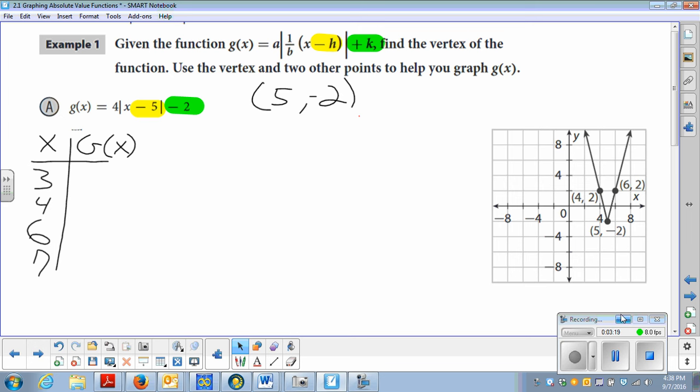Okay, so I'm going to take each x value and plug it into this equation here and get out a g of x. So when I'm plugging in my 3, I'm going to replace the x with 3 and solve. Don't forget, when you solve, you want to take the absolute value. So if you have 3 minus 5, that's going to get you -2. And then you take the absolute value of -2, which is +2, multiply that times your 4, then subtract your 2, and you get 6.